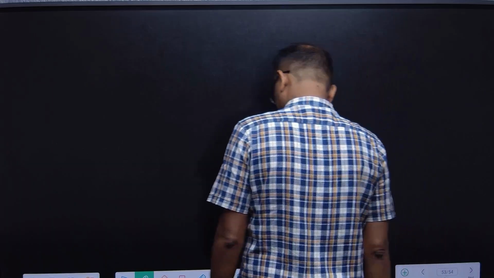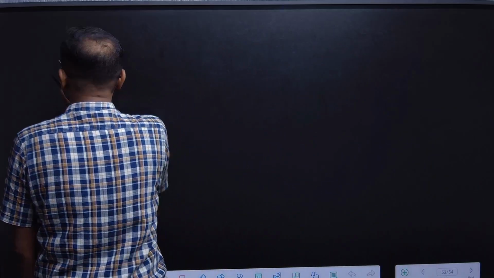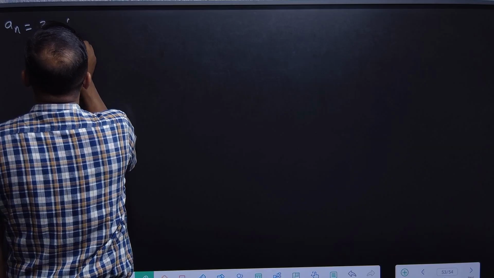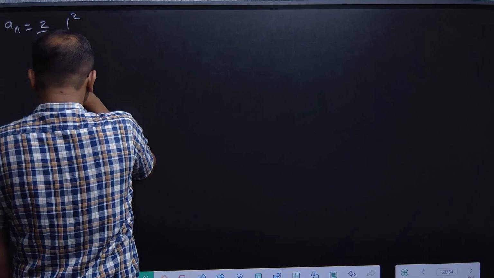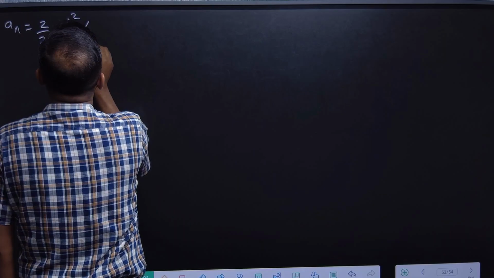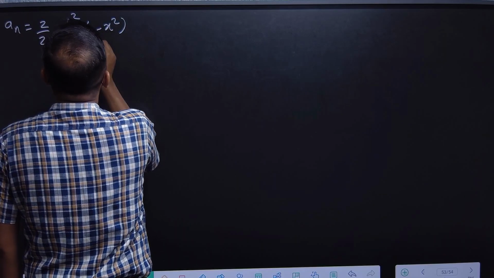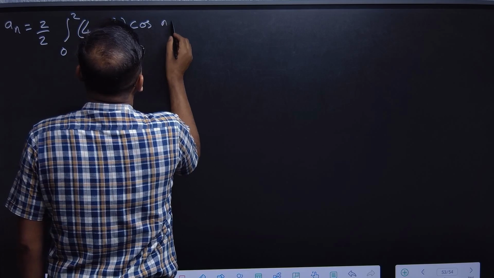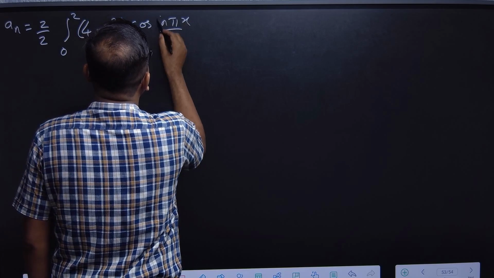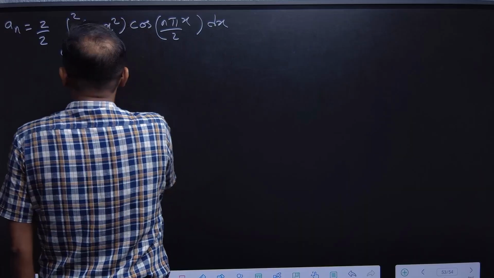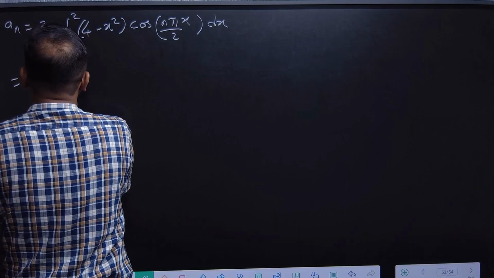Now, our aim is to find an. So 2 by L will be 2 by 2, and the integration will be from 0 to 2 of 4 minus x square into cos of n pi x upon 2 dx. This is the term that we are solving. This 2 upon 2 becomes 1.